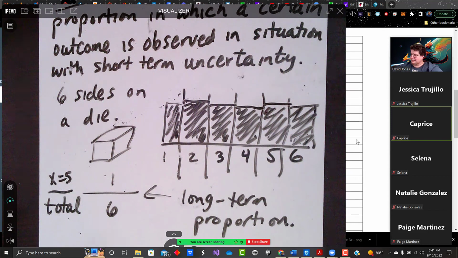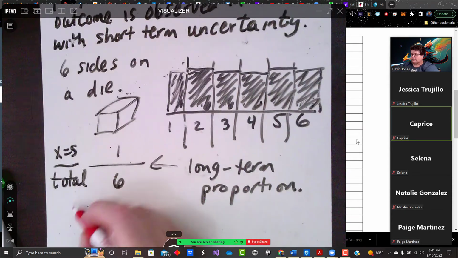Something that has the same probability for every single side or every single event is called a uniform distribution.